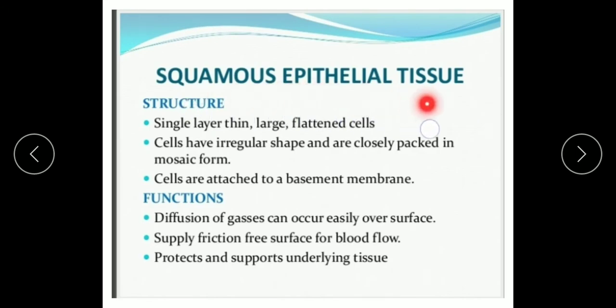First one, squamous epithelial tissue. Structure: a single layer of thin, large, flattened cells. The cells are arranged in a single layer, thin and large, flattened. The cells have an irregular shape, without a definite shape, and are closely packed in a mosaic form.